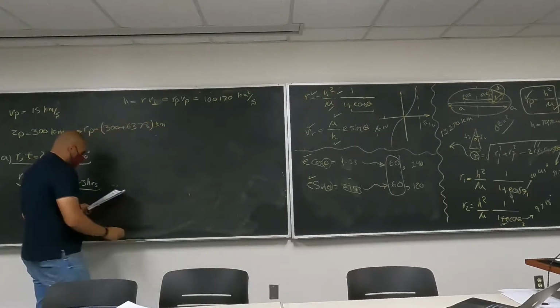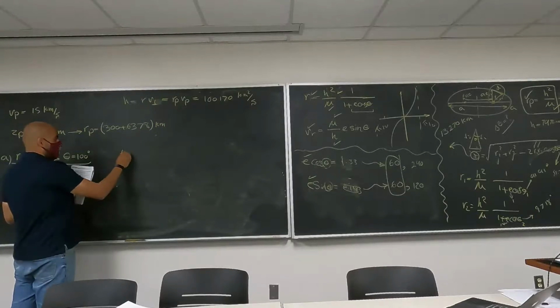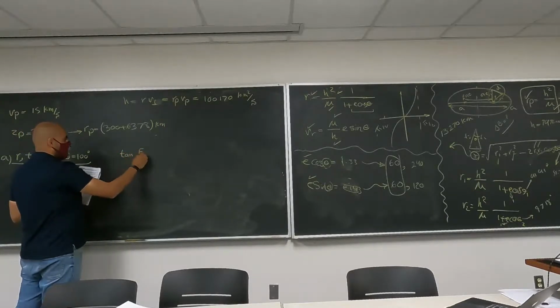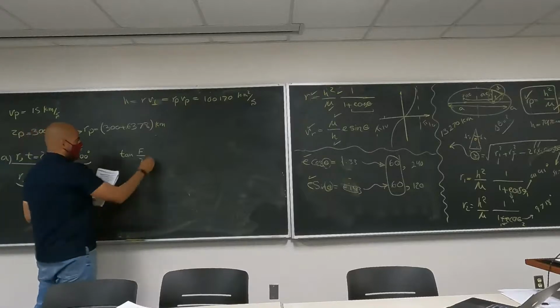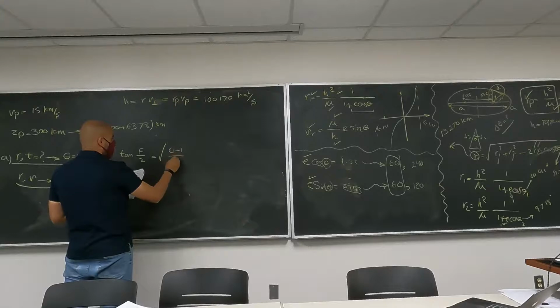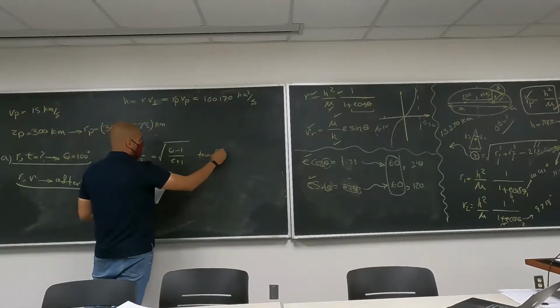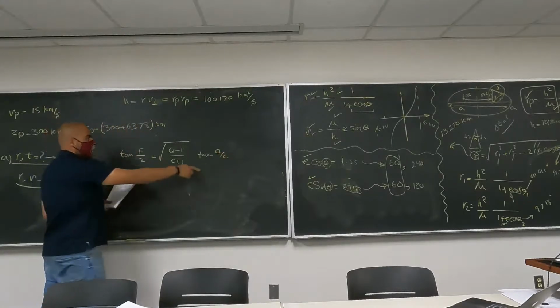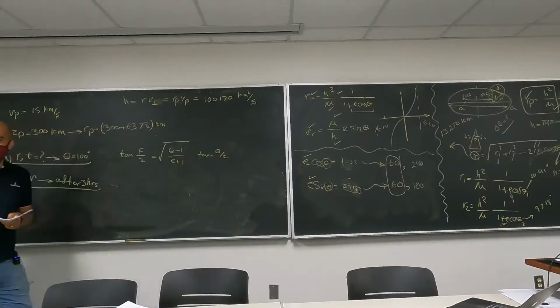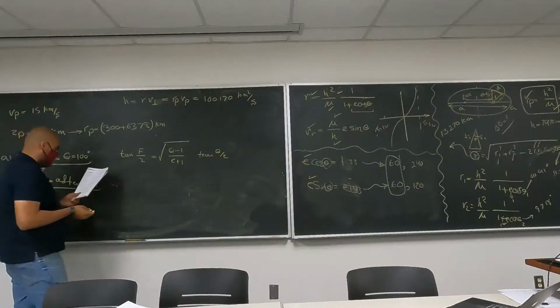What was the eccentric anomaly for a hyperbolic trajectory? F, right? We had this equation, tangent of F divided by 2 equals the square root of e minus 1 over e plus 1 times tangent of theta over 2. We have the e, we have theta, we can find the eccentric anomaly. Then we had a relationship between this eccentric anomaly and the mean anomaly, right?